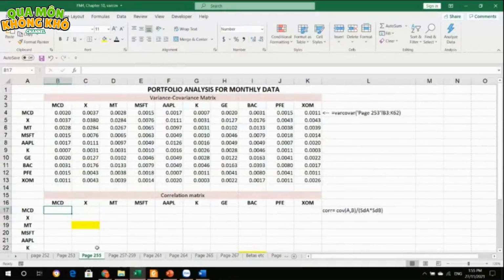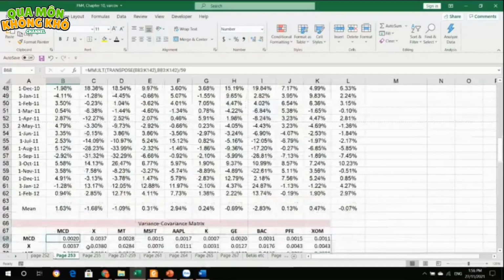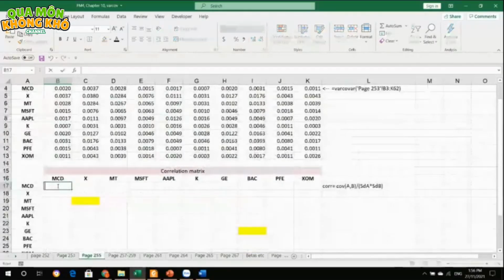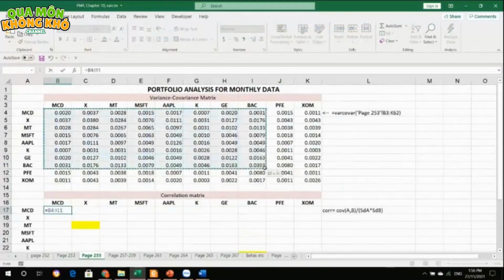How can we calculate the standard deviation A multiplied by standard deviation B?